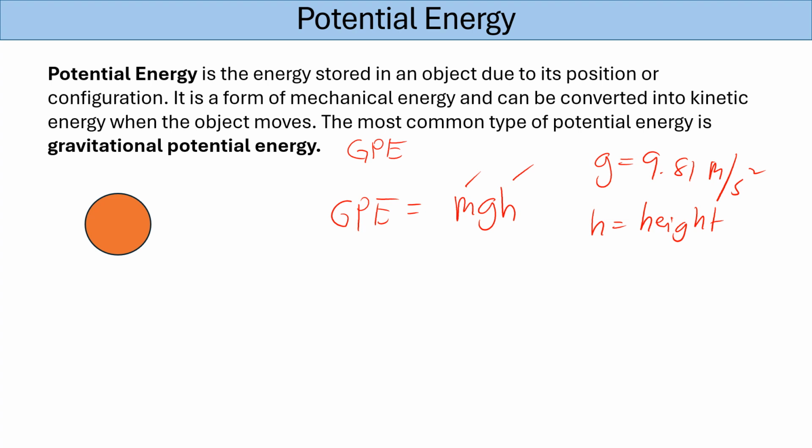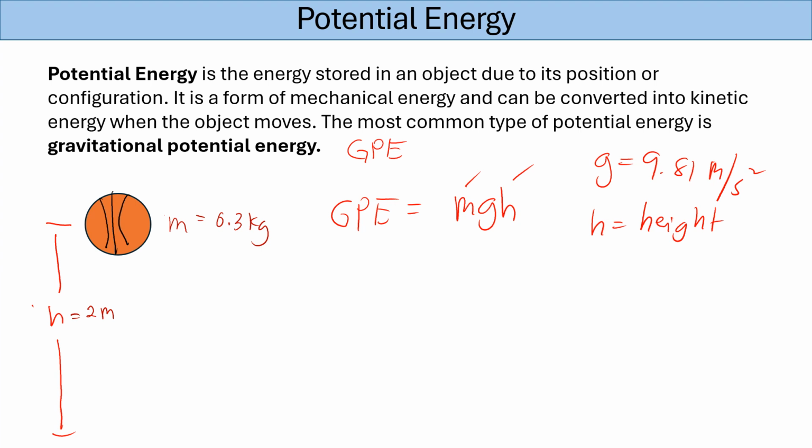Okay, so suppose this is our situation and this is our height h. Suppose we have this ball, a falling ball, with, let us say, a mass m. And the height, let us say, is 2 meters, and the m is, let us say, 0.3 kilogram.